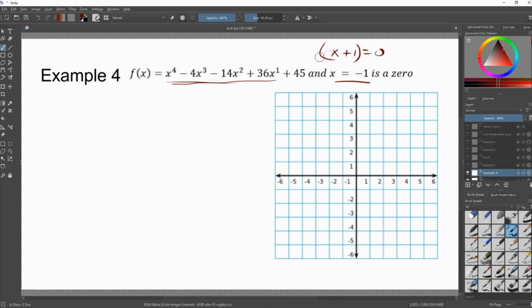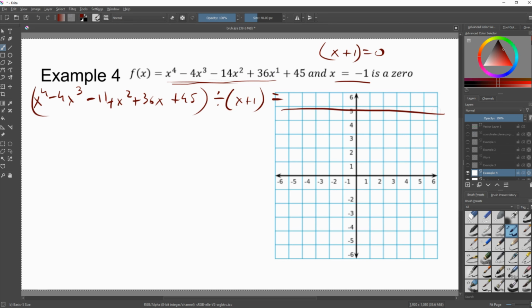So I have to take this and divide it by x plus 1. So take x to the 4th minus 4x cubed minus 14x squared plus 36x to the first power plus 45, all of that divided by x plus 1. And I get something over here.